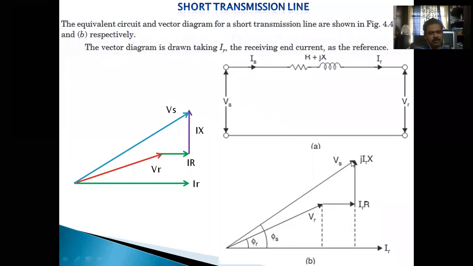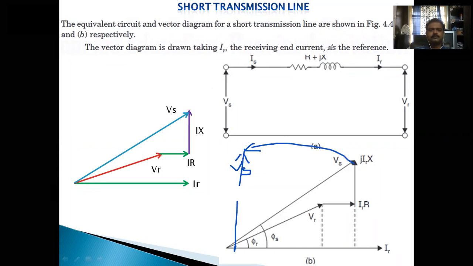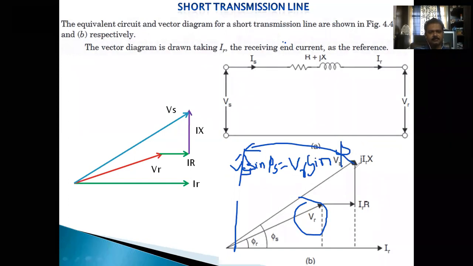Now if we resolve this vector onto the y-axis, Vs sin phi s is equal to, with the same procedure, Vr resolved onto the y-axis, Vr sin phi r, plus, since this term becomes 0, directly IR into X, which is the vertical component.